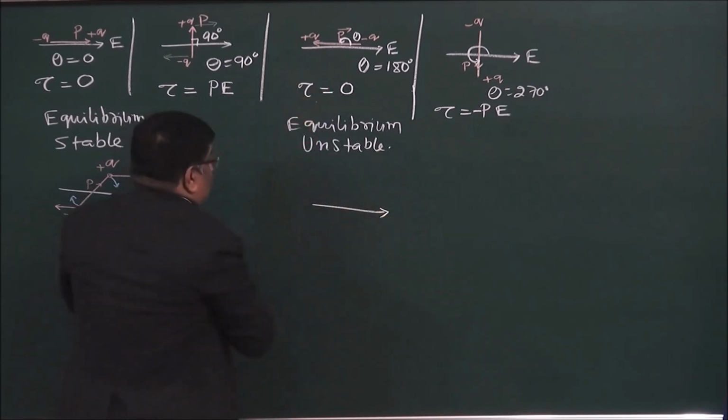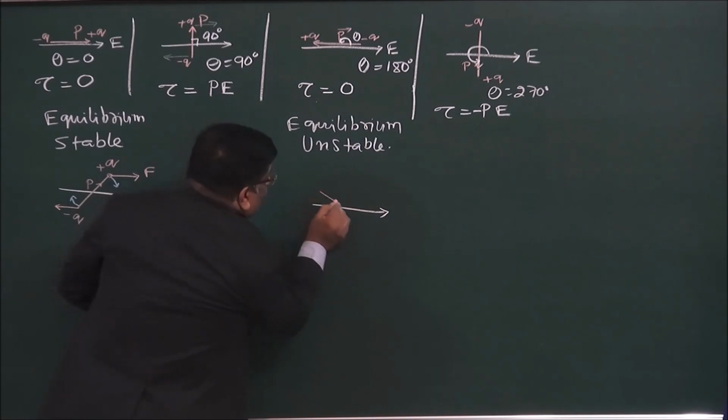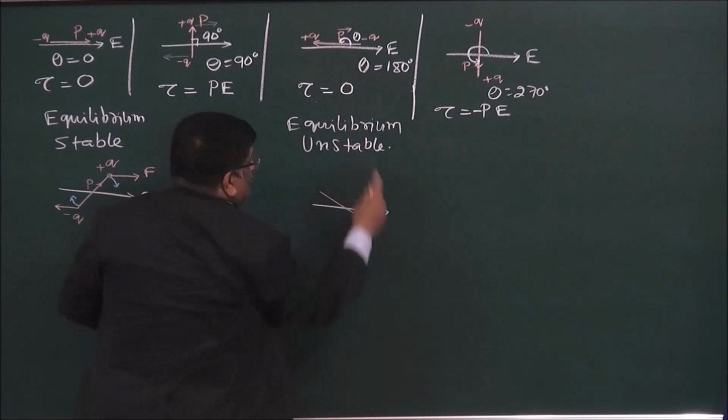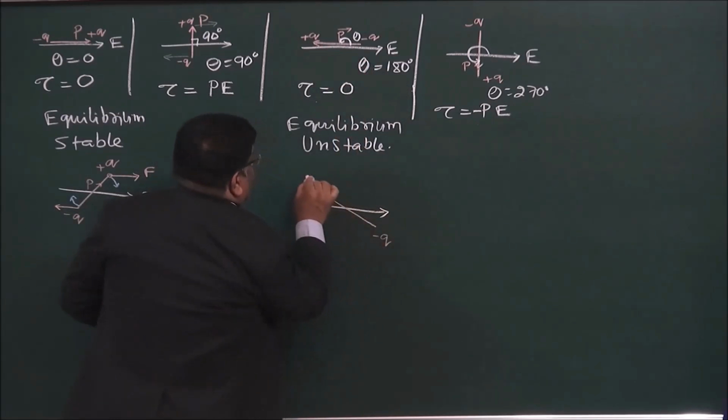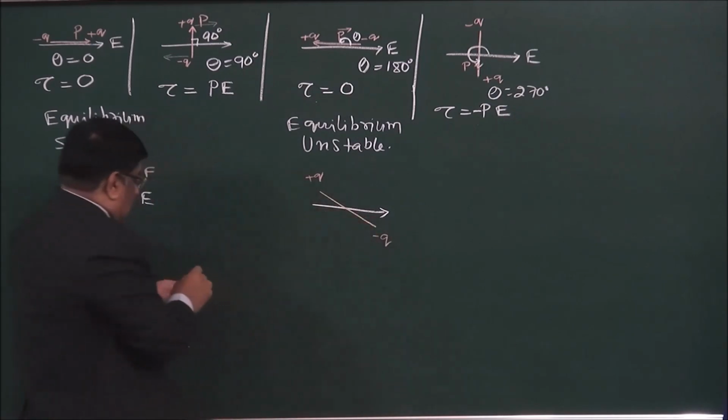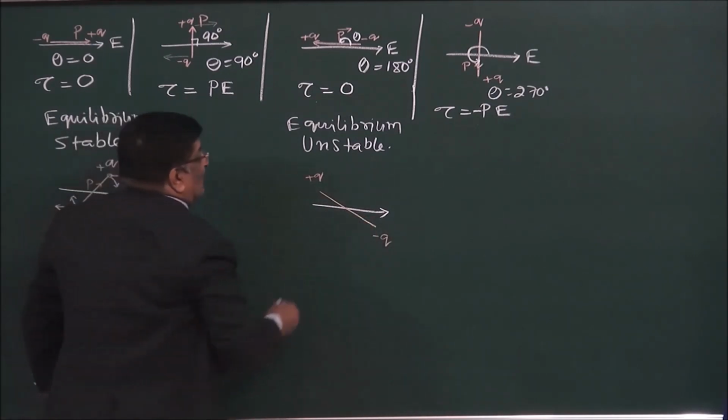Okay. Now if we disturb this equilibrium condition, we disturb it a little and make it in this direction. This is minus Q and this is plus Q. This is the direction of E. So where are the forces acting?